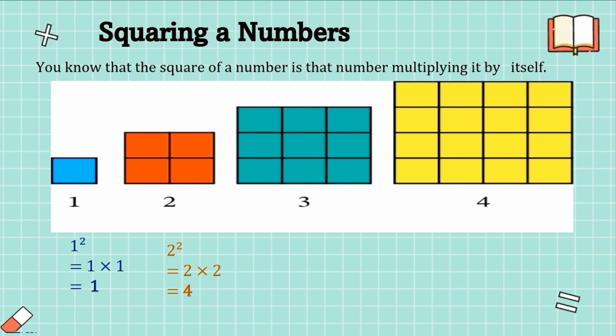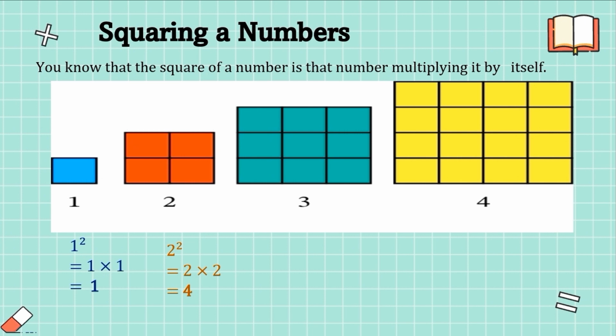For example, here we have a square with a side length of 2. We can find the area of that square by doing 2 squared, or 2 times 2. So, 2 by 2 gives us an area of 4. We can square a side length to find the area of a square. So, you can see the relationship between squaring a number and the area of a square.